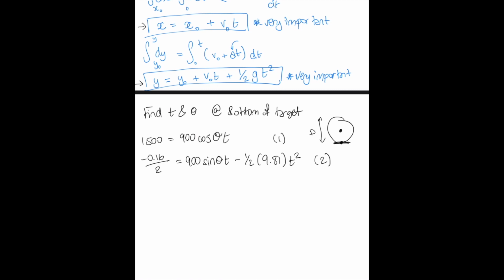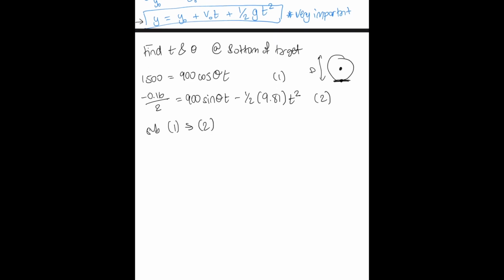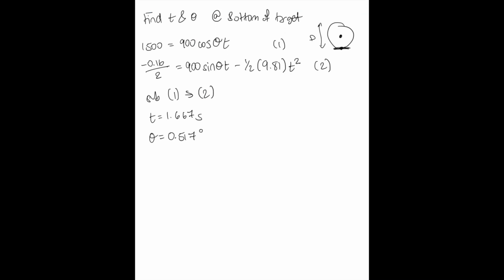That's our second equation. Now we're going to use our simultaneous equations to sub 1 into 2, and we get t is equal to 1.667 seconds, and theta is equal to 0.517 degrees.